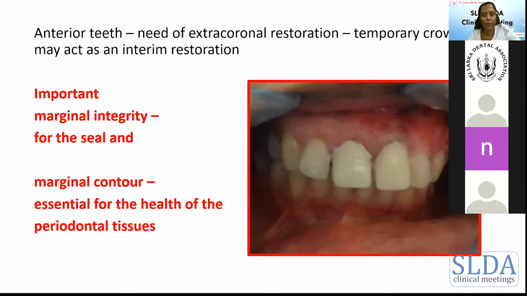These are very important when you provide a temporary restoration as an interim restoration during endodontic treatment, because marginal integrity is for the proper seal, and marginal contour is very essential for the maintenance of periodontal tissue health. So when you make temporary crowns as interim coronal restorations, you have to consider these factors as well.